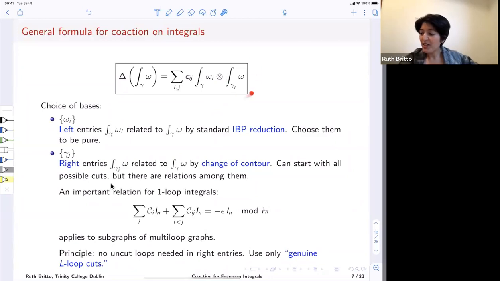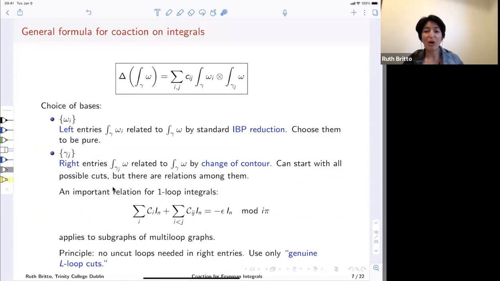On the right here we have integrals that are related to the original integral just by a change of contour. So how do we do that? Well, we have understood that when you change the integration contour of a Feynman integral, that is one way that you arrive at cuts, or the definition of cuts is taking certain residues, which can be described by changing the contour. So how do we select our basis?